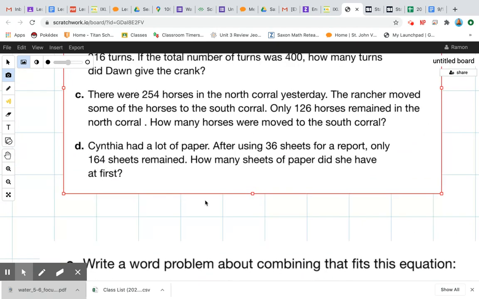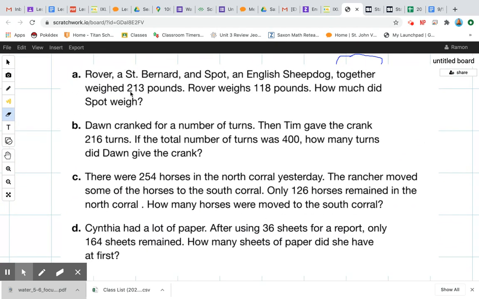So let's start over. Tim gave the crank 216 turns. So we have that Don plus 216 is equivalent to 400.